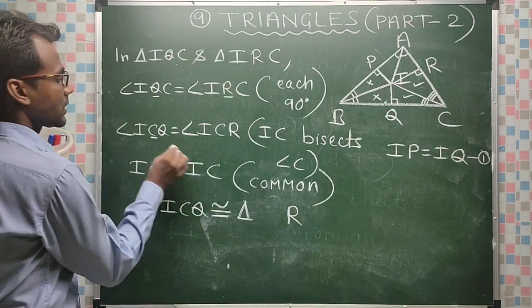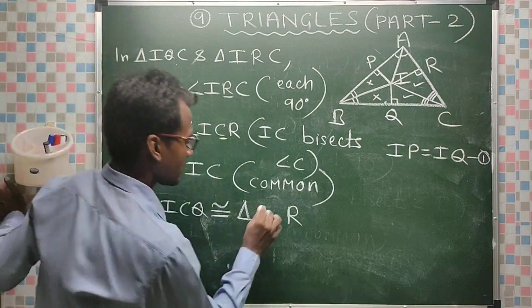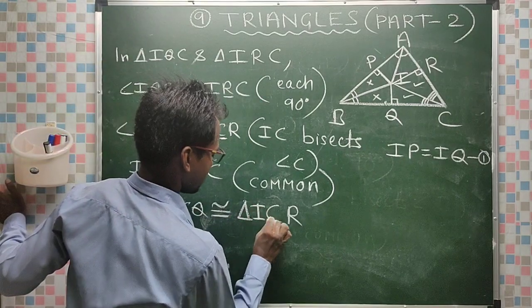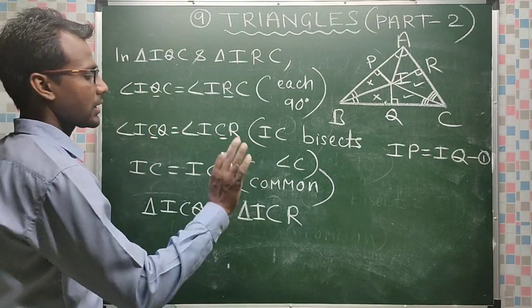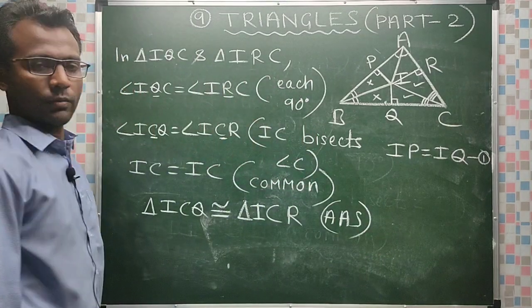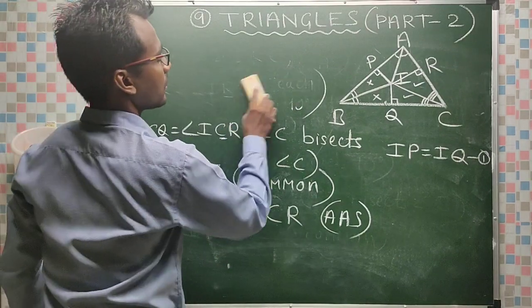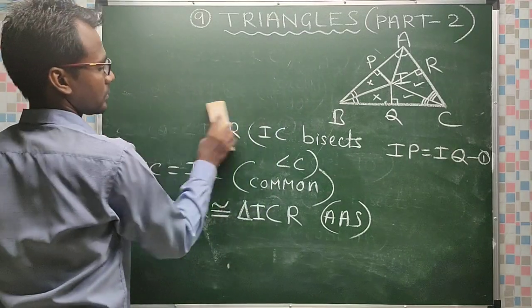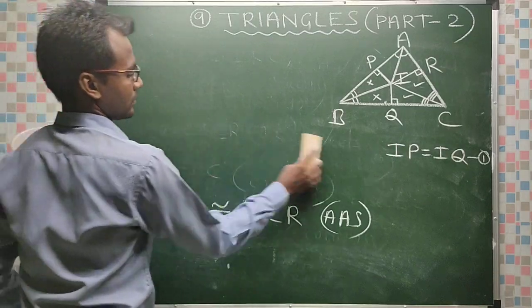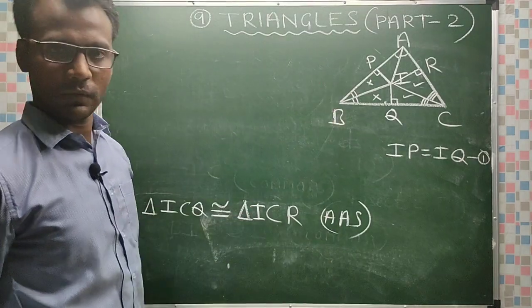Then C, C: angle ICQ, angle ICR. C middle, C middle. What is the last option? I. So I. Triangle ICQ is congruent to triangle ICR. This is angle angle side postulate. After getting the order, you don't need all this. Don't need the triangle also.